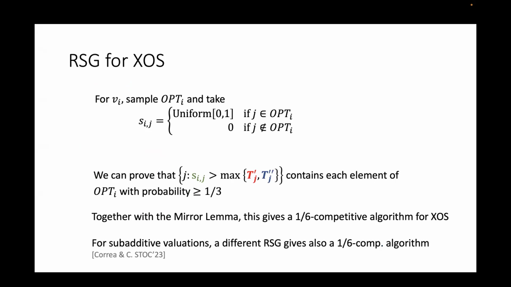The random score generator, remember, is a mapping from value to a score. So I will do this. For a value v_i, I will sample everyone else's valuation, compute the optimal allocation, and in this optimal set, the agent i should get, I will draw a uniform 0/1 random variable for each item. Outside that, I will set all the scores to be 0.